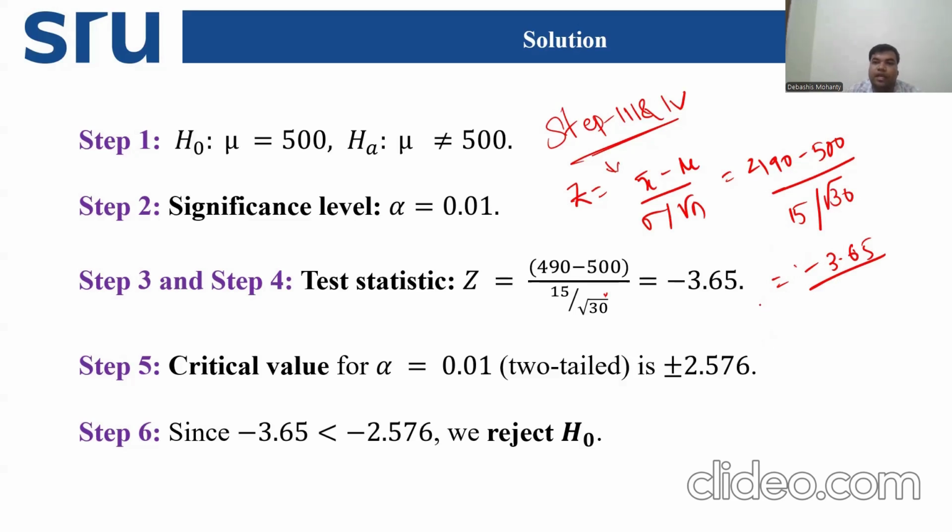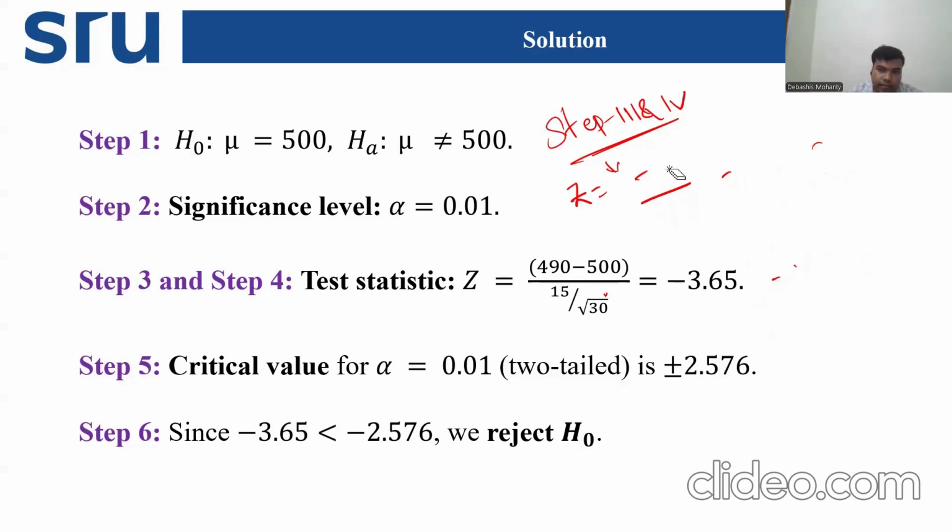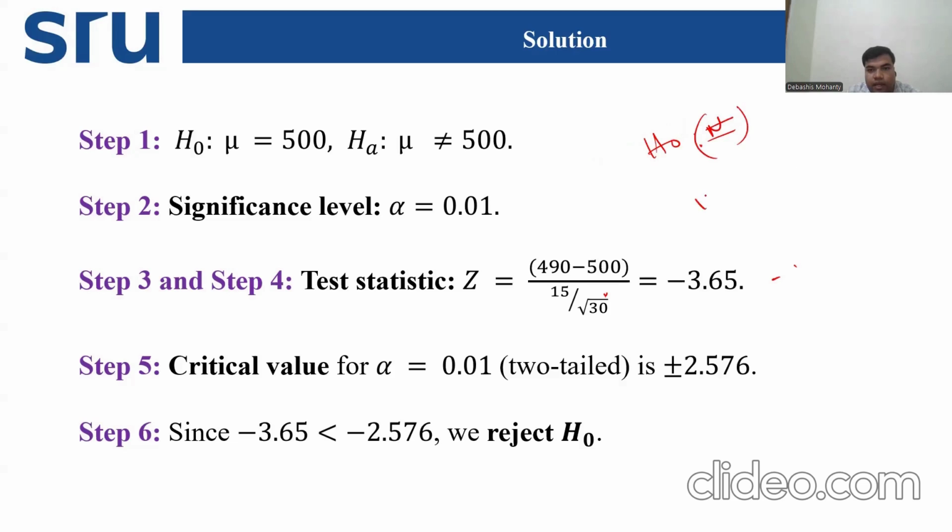Right? After finding this Z value, in the next step we have to find the critical value, at alpha equal to 0.01. So students, from the question, can you tell me whether it is a two-tail test or one-tail test? Obviously, two-tail. Why? Because the null hypothesis has an equal sign, and the alternative hypothesis is not equal.